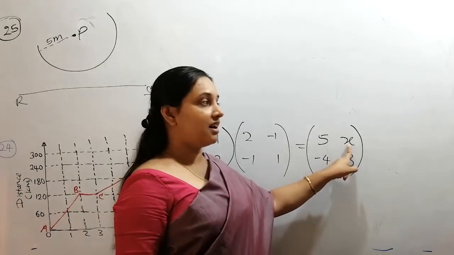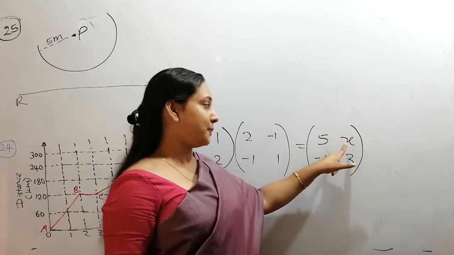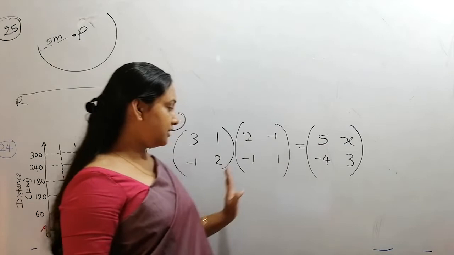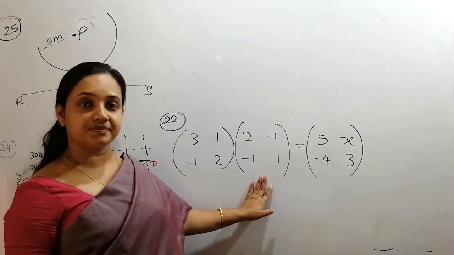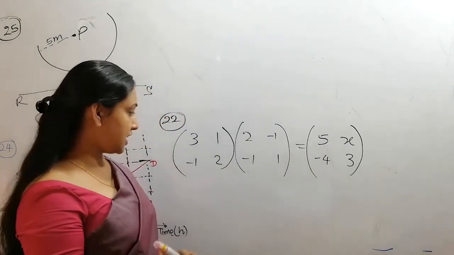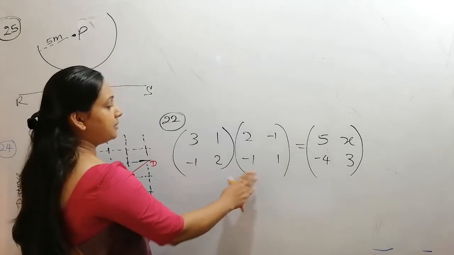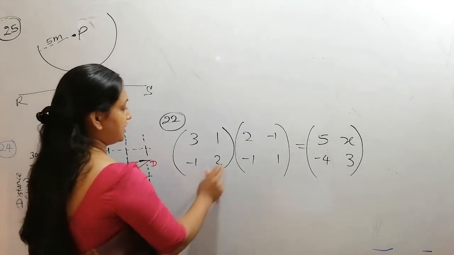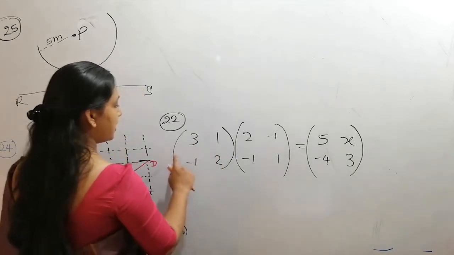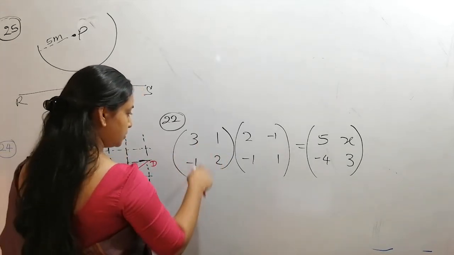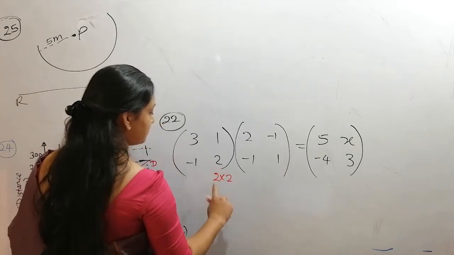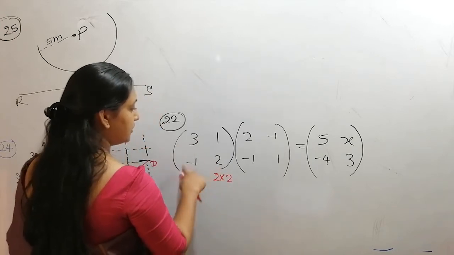What is the answer for this position? Then we can get this answer from the multiplication of these two matrices. First we have to check whether we can multiply these two matrices. How can we check it? In this matrix there are 2 rows and 2 columns. Then this is a 2 by 2 matrix.